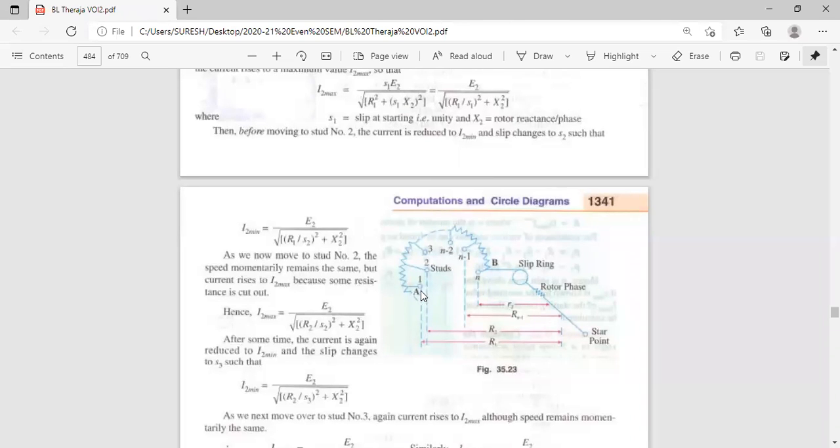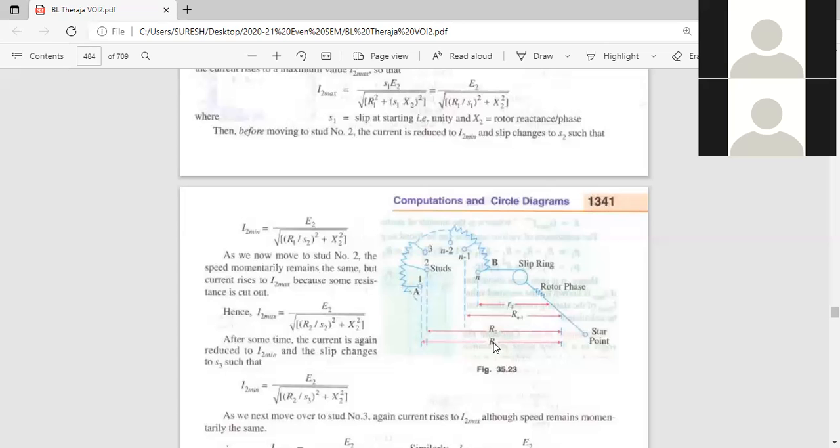What do you mean by stud or contactor type? This is stud number 1 or contact number 1, stud number 2 or contact 2, stud number 3, and stud number N or contact N. If you place this contact at 1, this entire resistance is present in the circuit.